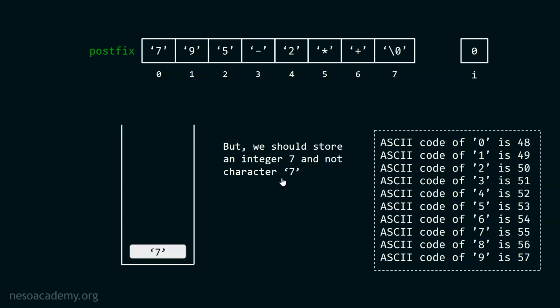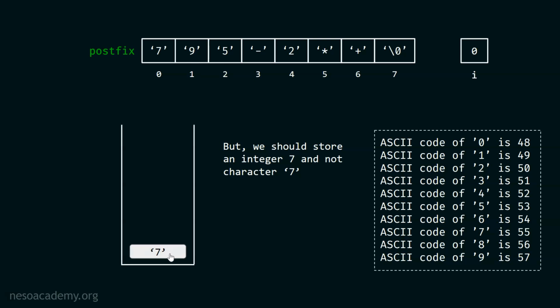We should understand that this is an operand stack and not the operator stack. Apart from this, it is important to understand that we want to store integers and not characters. Because eventually we want to evaluate this whole expression. We want to perform the operations on these values, right? Therefore, it is important to store the integers and not characters.